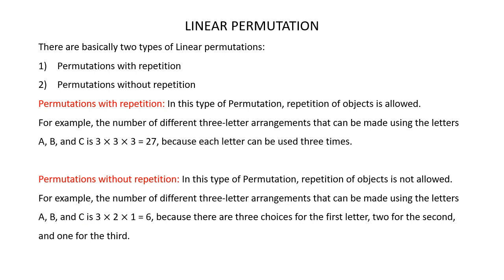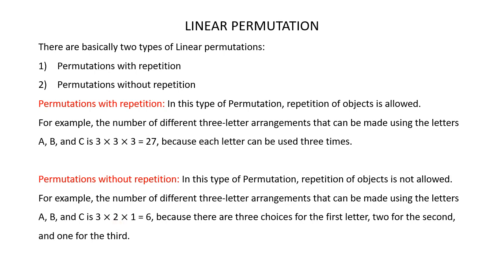Now, here the first letter of the word can be either A, B or C. So you have three choices for the first letter of the word. But since here repetition of the letters is not allowed, and since one letter is already used for the first letter of the word, you are left with only two choices for the second letter of the word.